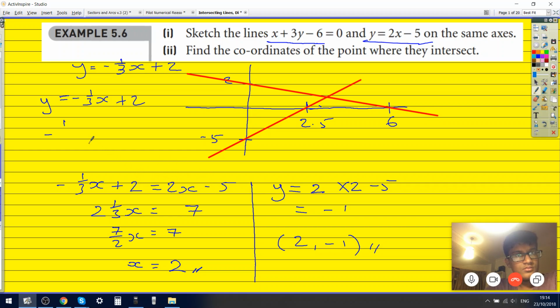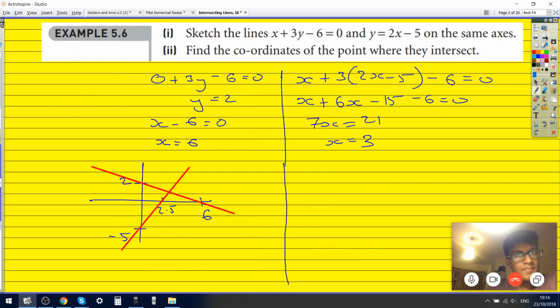So 7 equals 2 1/3. 7 over 2, 14. Don't know why that's not working. So for our one, what y would you get if x was 3? So if x was 3, 3y minus, so okay.